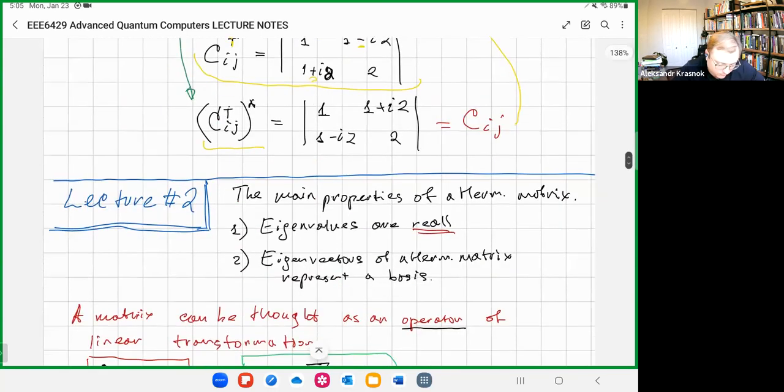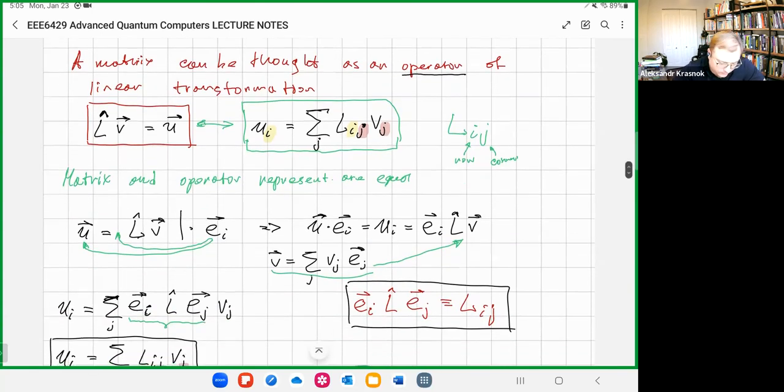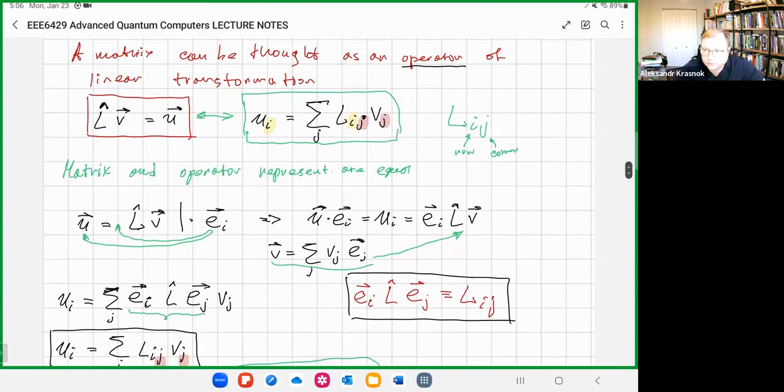The second property is that the eigenvectors of a Hermitian matrix represent a basis, meaning that we can use them to span our vector space, to represent any vector in this vector space. Then we said that any operator can be represented by its matrix, and vice versa.